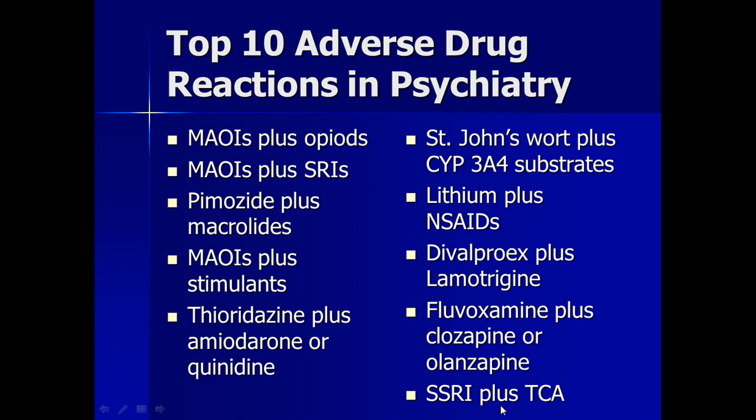Studies have shown the top 10 adverse drug reactions in psychiatry, these are the top 10. And look at the last one, SSRI plus TCA, not contraindicated, but we do it. But these adverse drug reactions are all related to the P450 system. And I mentioned St. John's wort. St. John's wort is a potent 3A4 inducer, and it can have very detrimental side effects with many psychiatric drugs.